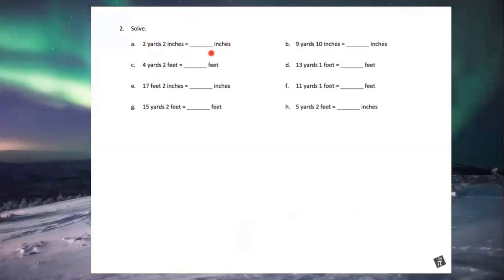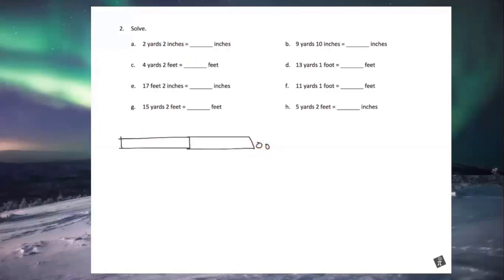For example, let's take a look at this one. So this says 2 yards and 2 inches, and we're supposed to convert it into inches. Well, so 2 yards, and I'm going to draw the picture even though we don't have to. So here's 1 yard, here's another yard plus 2 little inches, all right? And this is just representing inches. Inches are not necessarily round like that. I just wanted to indicate.